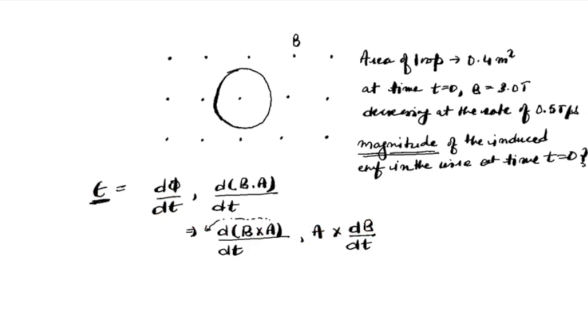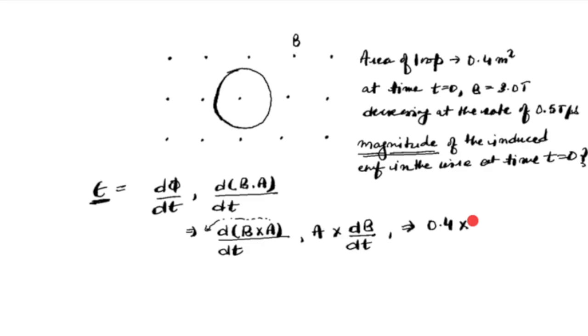So can we have that? That is given to us. The magnetic field is decreasing at the rate of 0.5 Tesla per second. See the unit also, magnetic field divided by time. So this is given to us. Area is also given, so we will just simply put values now. So 0.4 is the area. It is given in meter square, so no need to change into SI units.